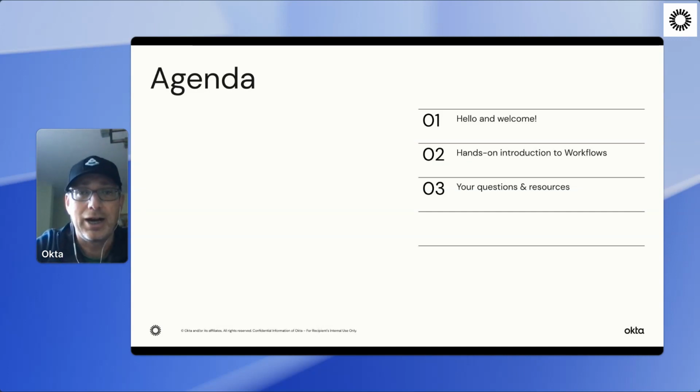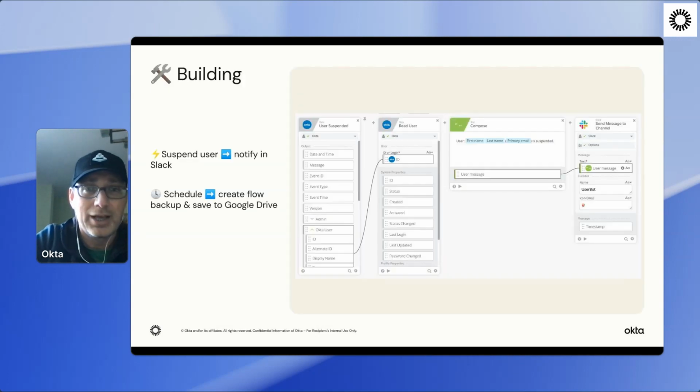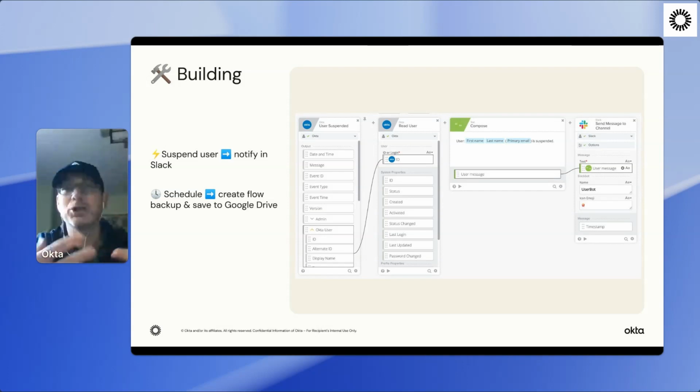All right. And then let's go ahead and do the building. We're going to build two flows. And then again, at the end, we'll do the questions. As I build those two flows, we're going to learn. I figured that's the best way to learn about workflows, is actually building something.